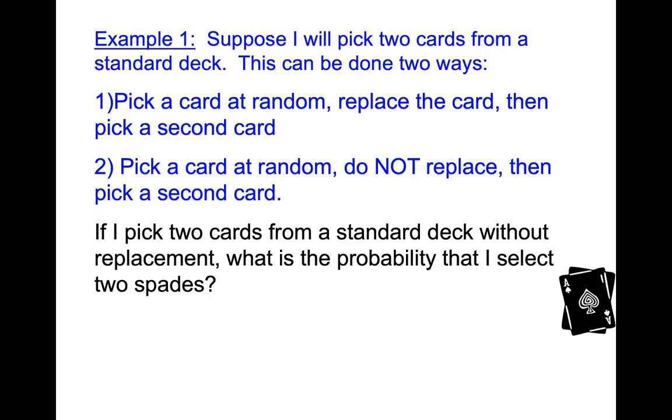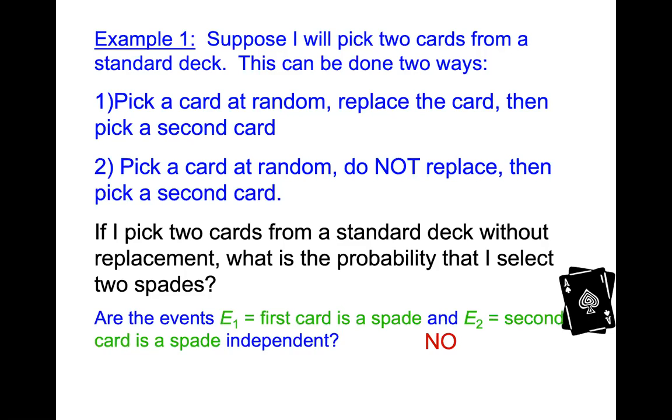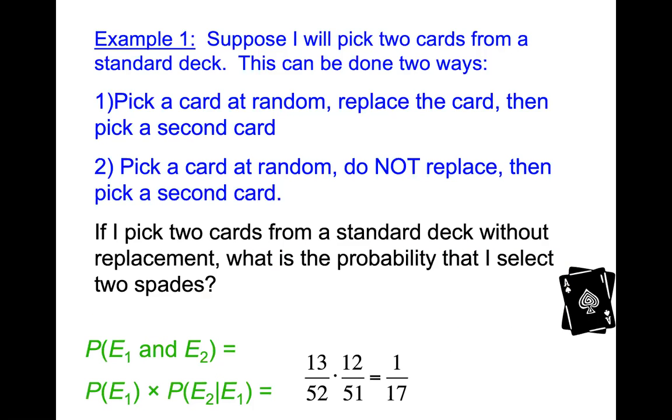So the probability I get one spade is pretty straightforward, just 13 out of 52. But now that I'm not putting that spade back, when I draw the second card, that one spade is out. So now I have 12 spades left out of 51 cards that are left. This is the setup for the probability.